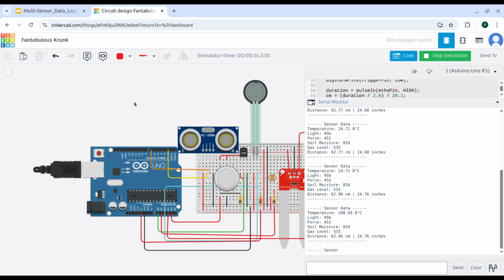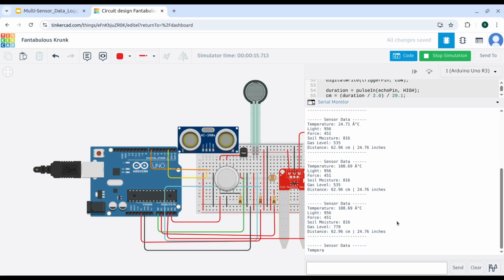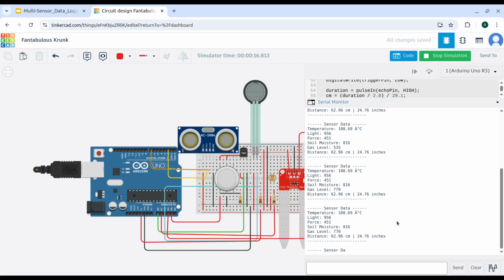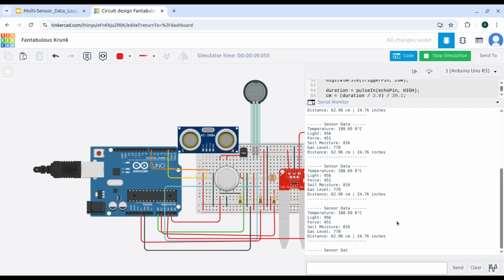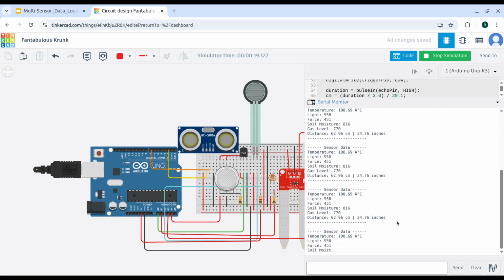So you can see the output in the serial monitor showing values from all sensors. So each parameter such as temperature, light, force, soil moisture, gas level and distance is printed in a readable format. The values update continuously every second, allowing real-time monitoring of environmental conditions.